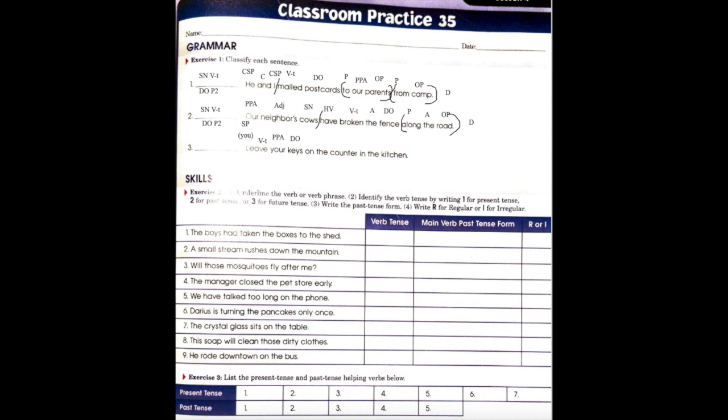On is a preposition. Therefore, we have a prepositional phrase here. On the counter is our prepositional phrase. Whatever word comes at the end is our object of the preposition, so it's an OP. The is always an article adjective. In the kitchen is another prepositional phrase because in is a preposition.